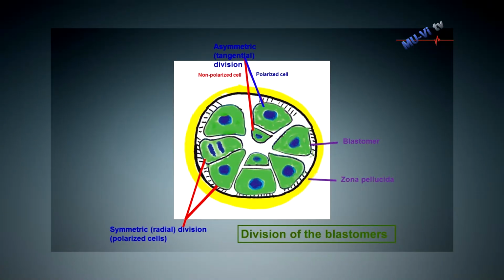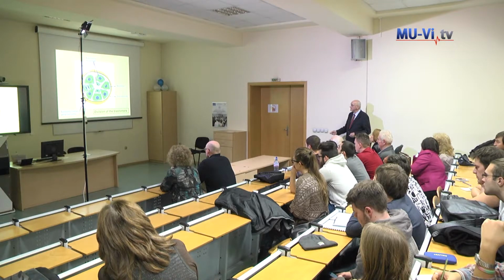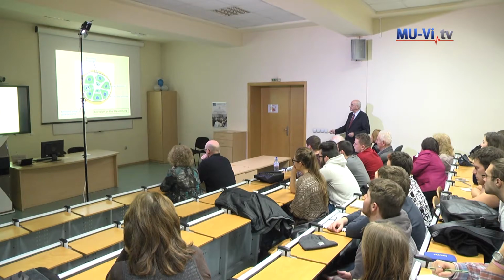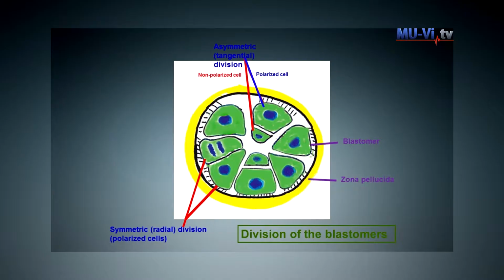Another problem which is connected with this division is that we have in the morula and in the blastocyst symmetric radial division. This division leads to the building of polarized cells. And we have another kind of division, namely asymmetric tangential division.